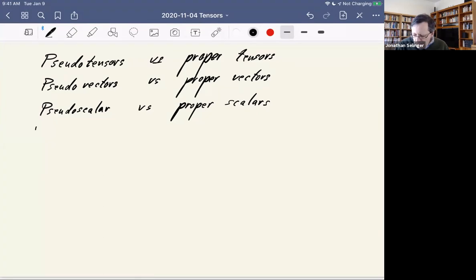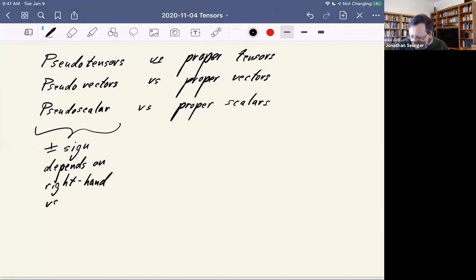And so for these pseudo objects, we could say there's a plus or minus sign that depends on the right hand versus left hand rule.